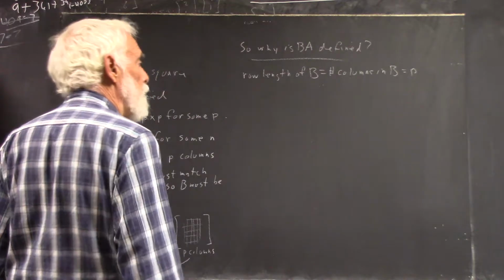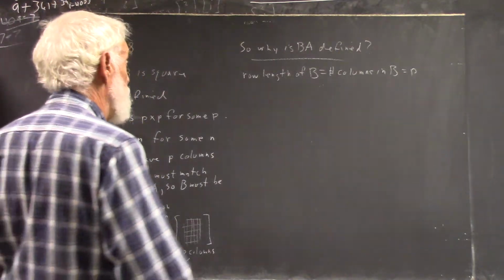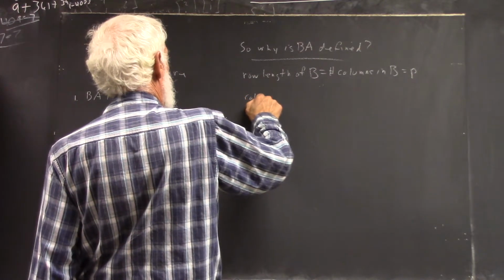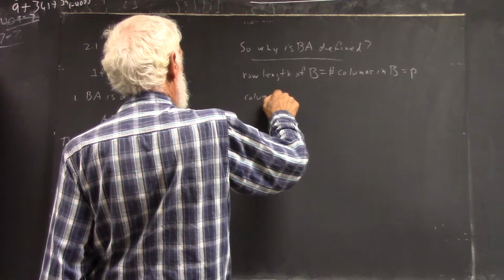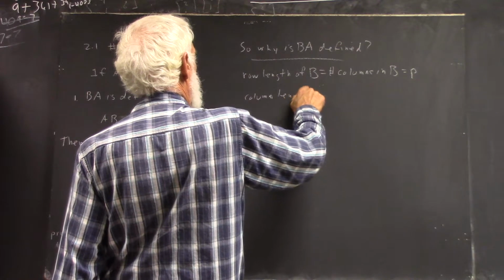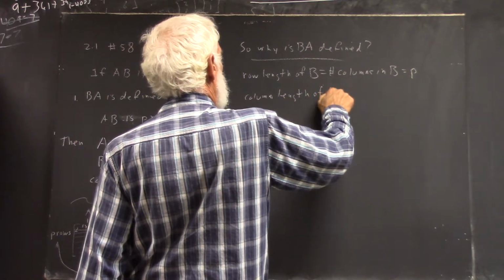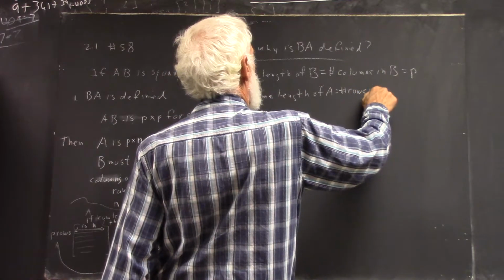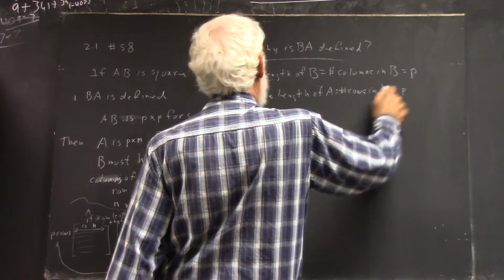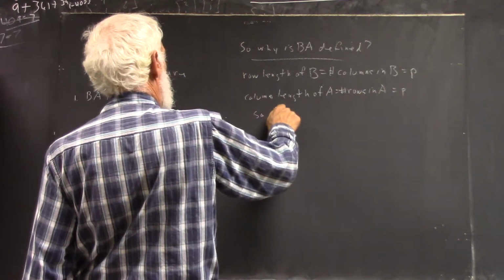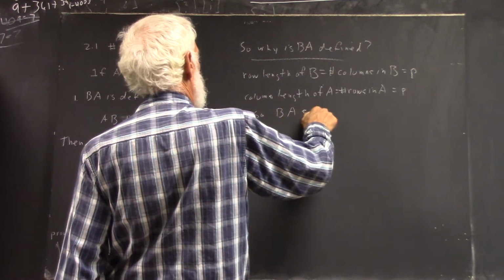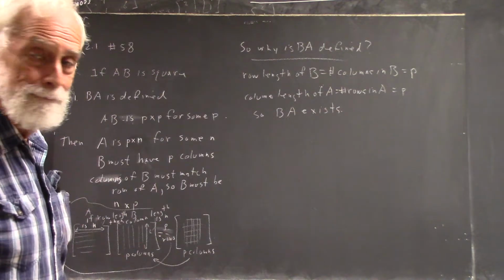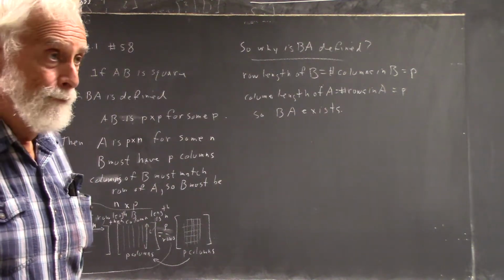Row length of B equals number of columns in B, which is P, and the column length of A equals number of rows in A equals P. So BA exists. Okay? That's the reason.